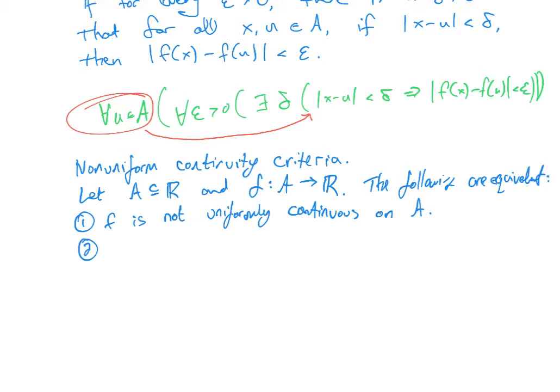Okay, so what do we get when we negate this definition? The for all epsilon turns into a there exists epsilon.